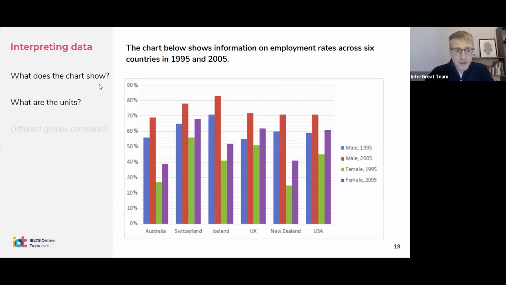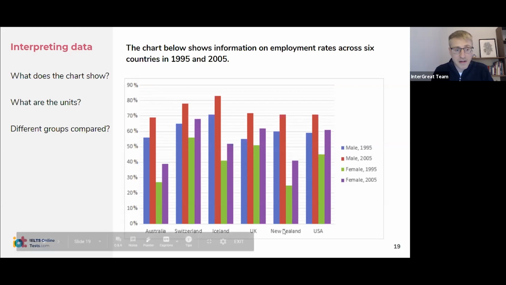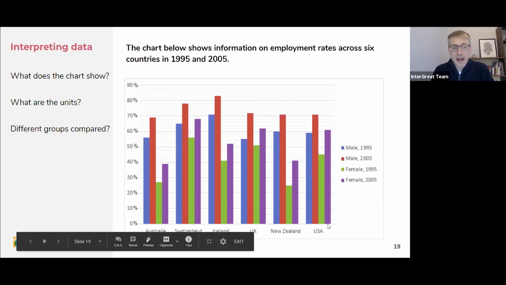We've also got some different groups that are compared here, okay? Yep, that's a pretty good paraphrase, Mustafa. Well done. We're going to look at another example in a moment, so hold on to that sentence, all right? Different groups compared. Very good, Can. We've got male and female, and we've got different countries, 6 different countries.